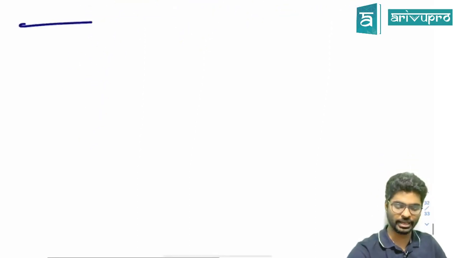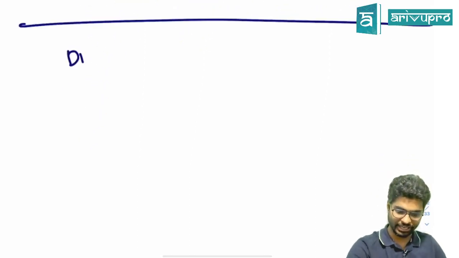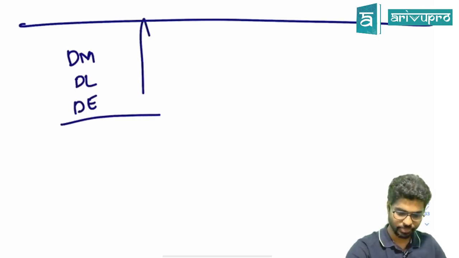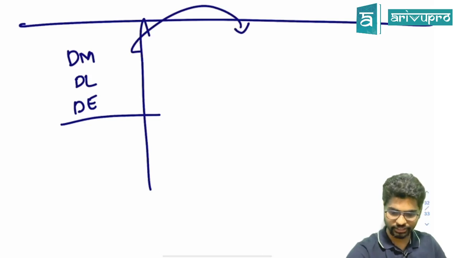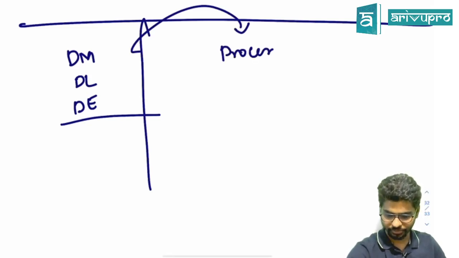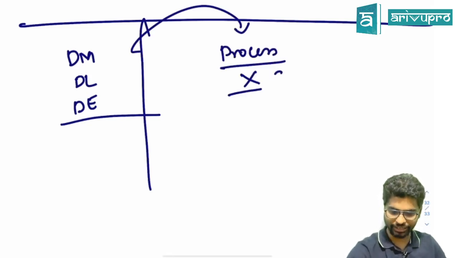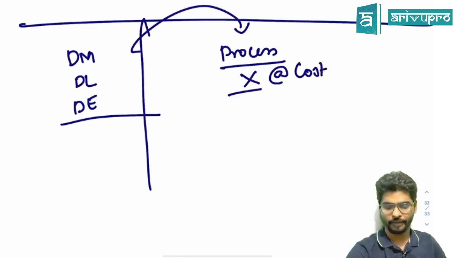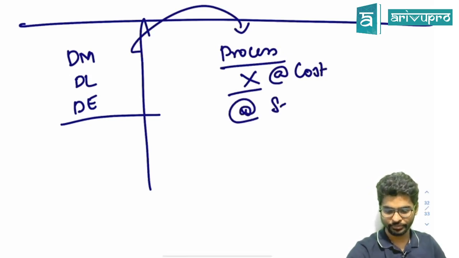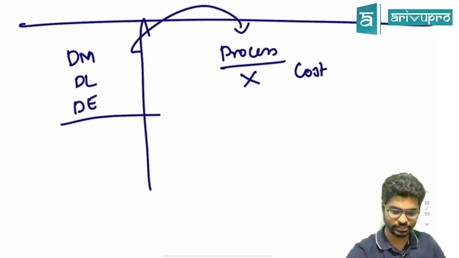Now the topic I am saying is, see, you will have direct material, direct labor, direct expenses. You're going to be transferring it to the next process, but not at cost, but at selling price.